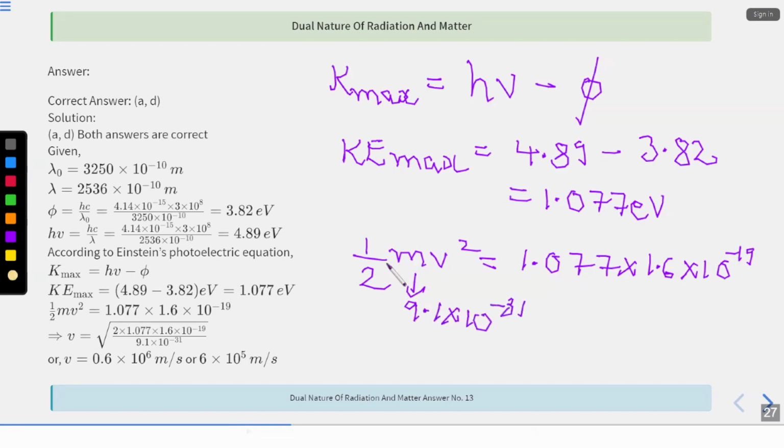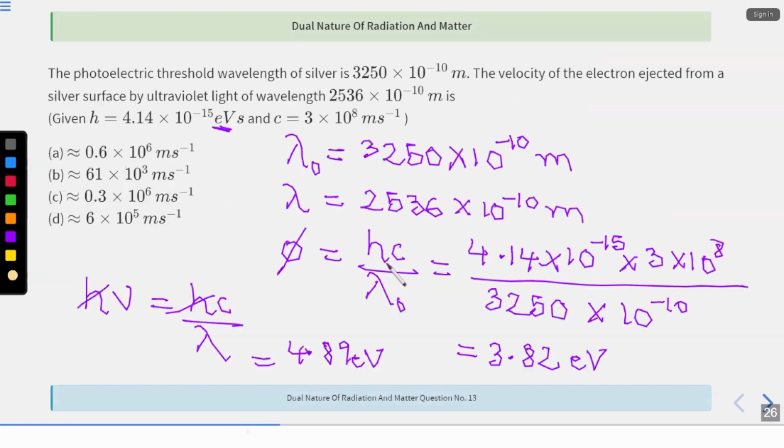With this, we'll get our velocity to be 0.6 into 10 to the power 6 meter per second, or 6 into 10 to the power 5 meter per second. And that is our option A as well as D. It's just a tricky part, right? We just move the units here and there, and then you get both the answers. So therefore, it has two correct answers here.